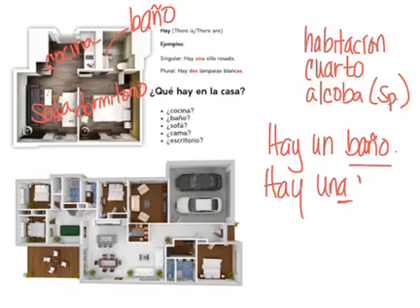So this is going to have an A since we're talking about a feminine word, and so on and so forth. That's how we would do it if we were talking just about one place in the house, but most of us will probably have 2 or more bedrooms, maybe 2 or more bathrooms. So I'm going to show you the plural version as well.